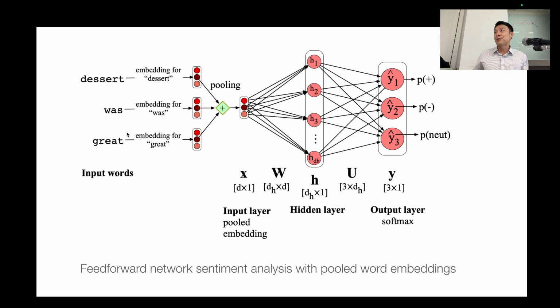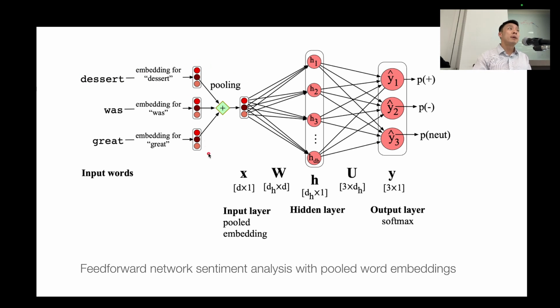Suppose we train those. Once we train those, now we can use it for the classifier because the embeddings have some sort of meanings encoded, embedded into the word. So what we do then is to substitute each word with the embedding.